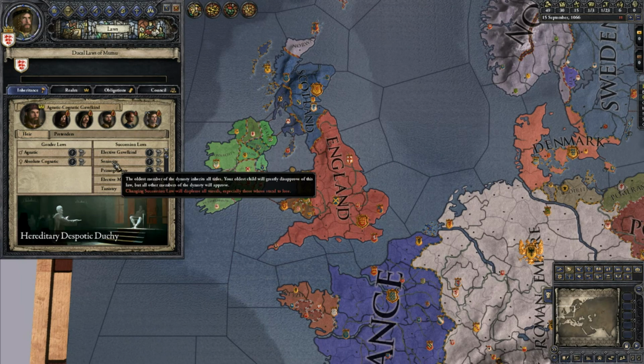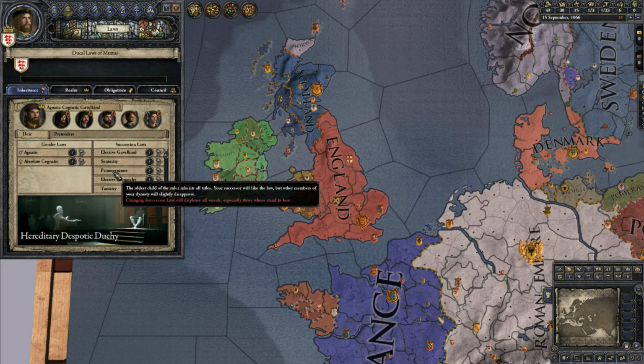I believe the Mongols started off with this, which is an interesting concept. The oldest person of the dynasty, so it could be a brother, it could be an uncle, it could be anybody. If they are the oldest person of your dynasty, they get your land. Interesting, right? Historically it existed, but not really in feudal Europe, not unless there was no clear inheritance, and I would not use it.